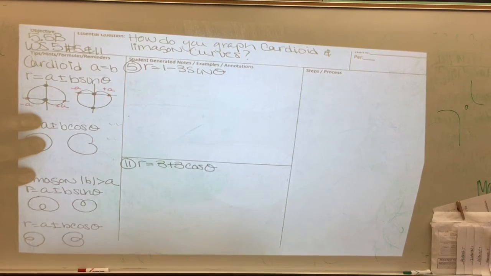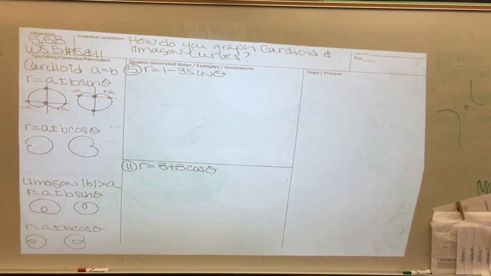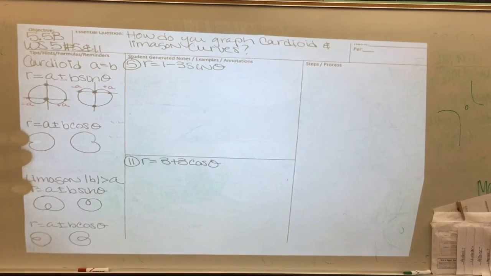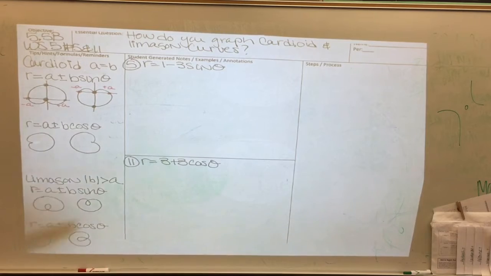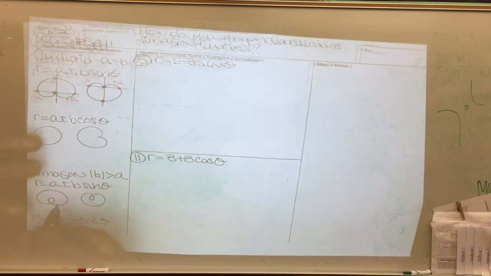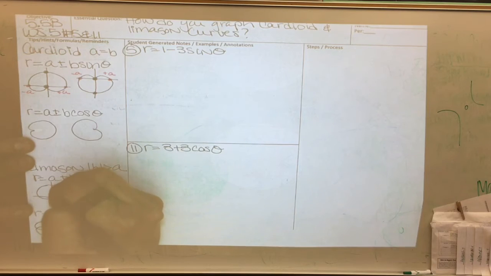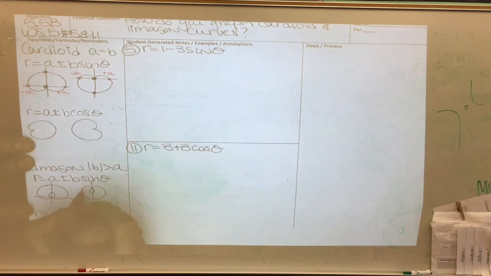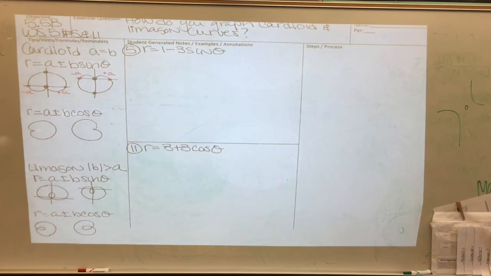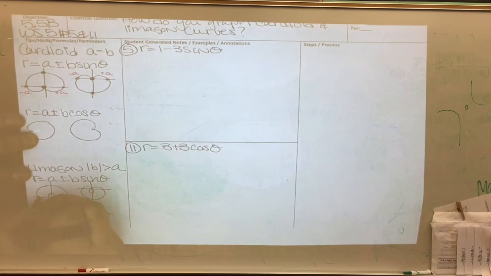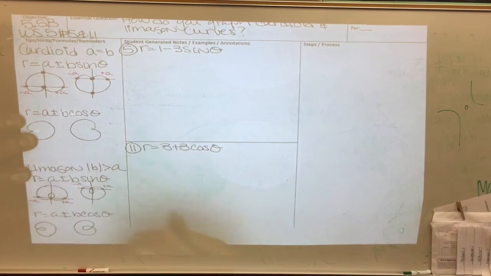All right, so how do I find this intercept here? It is for this one, but it won't be the same for the limaçon. So if I want to keep them the same, because it is the exact same for this part, I'm going to draw in my x and y axes. Negative a, 0, positive a, negative a, 0, positive a.